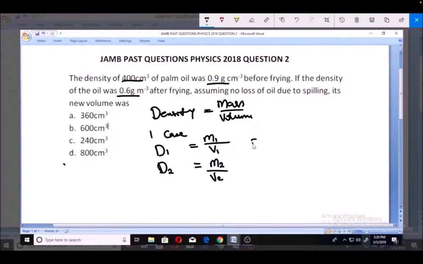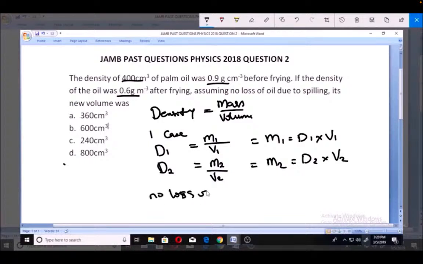But now, from this, if we make M1 the subject of the formula, you have M1 equal to D1 times V1. Whereas from here, if you make M2 the subject, you have M2 equal to D2 times V2. But they say there is no loss of oil. This simply implies that M1 is equal to M2.